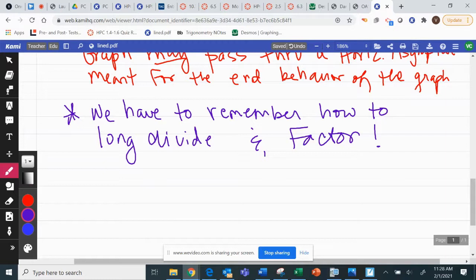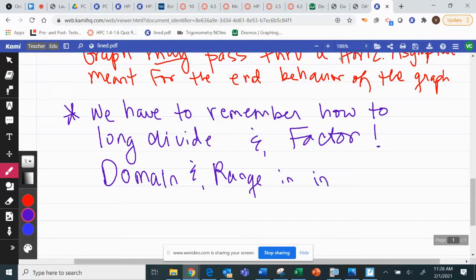We're going to be doing some factoring. What else is coming up? Domain and range in interval notation.